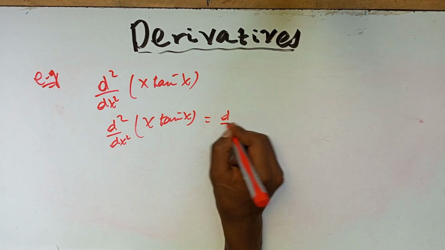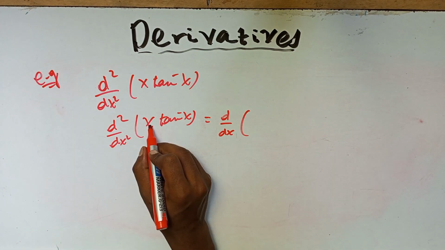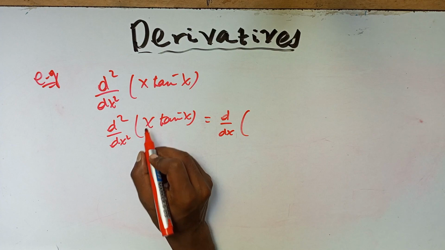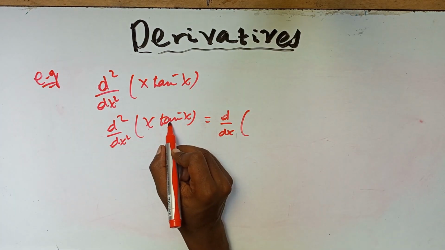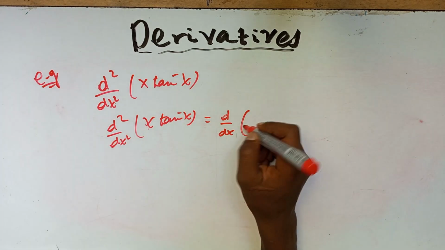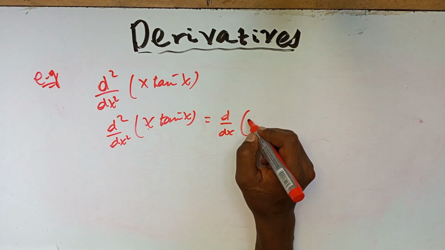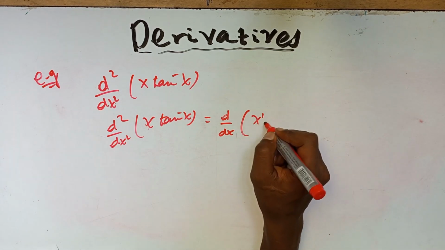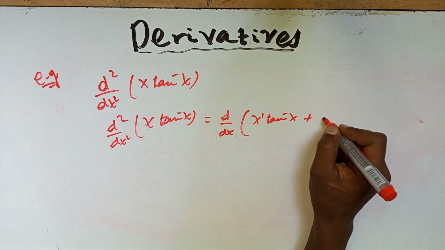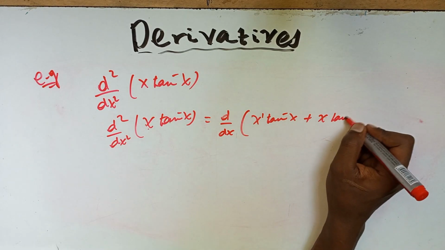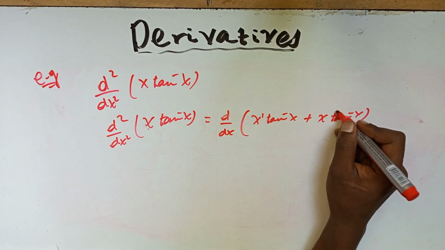So what we are left with is d by dx of this, which can be differentiated with the product rule. First we differentiate this one and multiply with this, then differentiate this one and multiply with this. So we get the derivative of x times tan inverse of x plus x times the derivative of tan inverse of x.